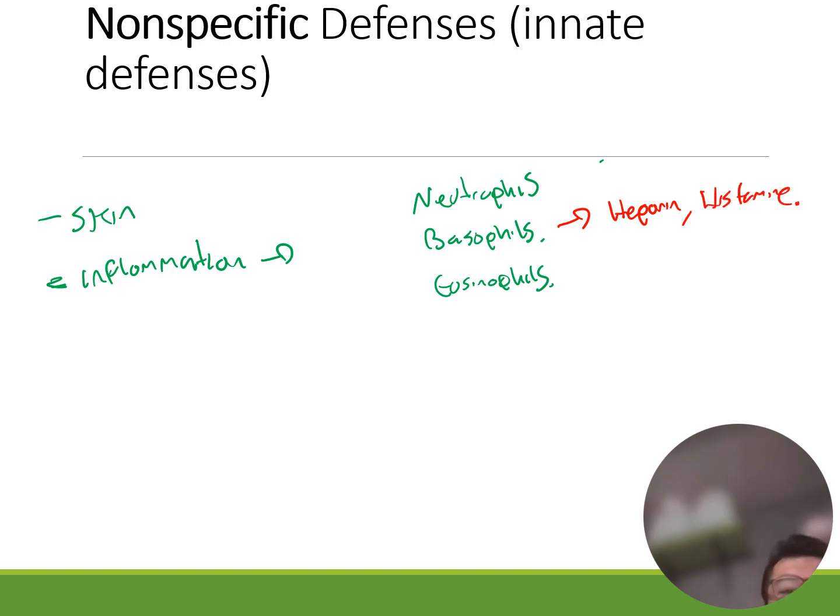So this histamine is released by basophils, and once basophils release histamine, we're increasing blood flow to the area of injury. If we increase blood flow to the area of inflammation, we're now bringing more resources, and it is through chemotaxis and different molecules that communicate with the neutrophils that we attract neutrophils to this area.